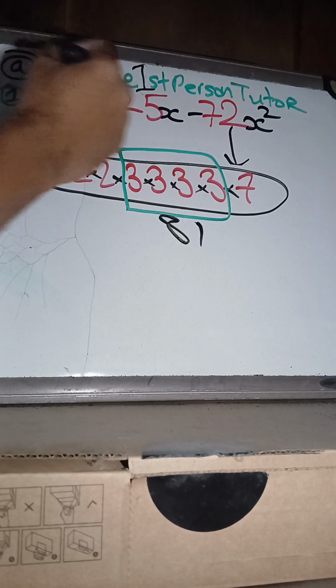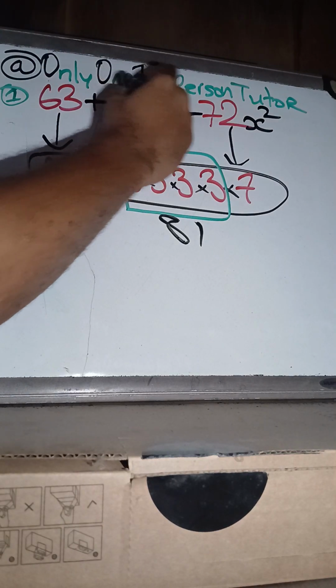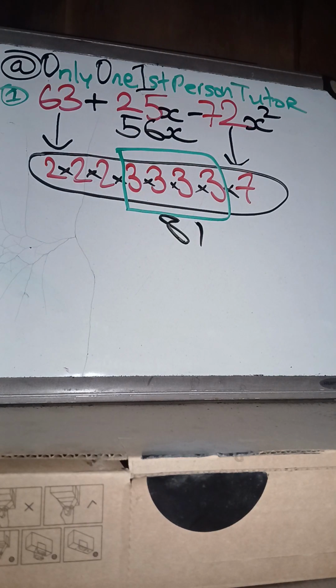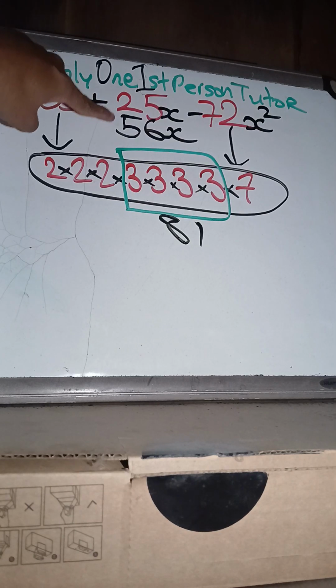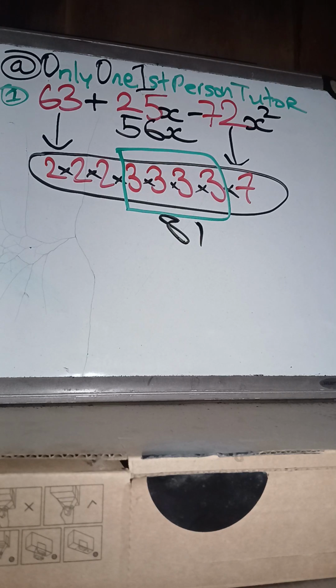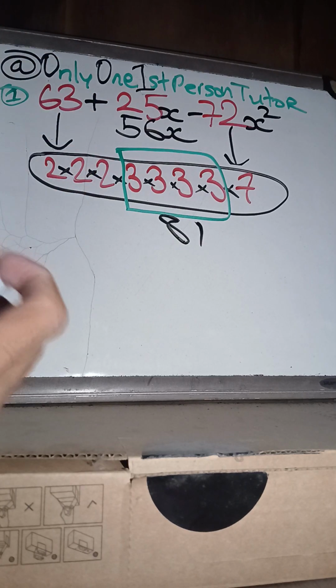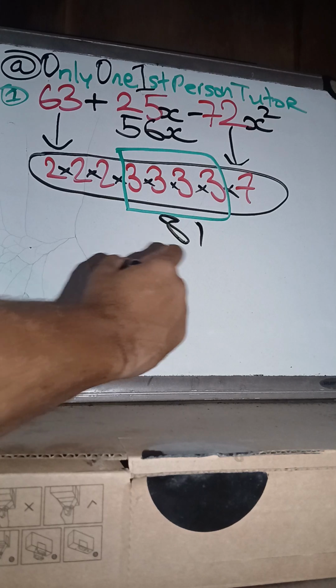So let's write 56 about here. Right? And we can also put an X beside it just to have fun. Now what happens if I add 56 to that there 25? Well, if I add 56 to this 25, let's just write it down here and see what happens.